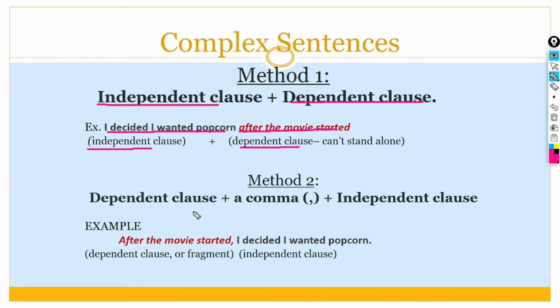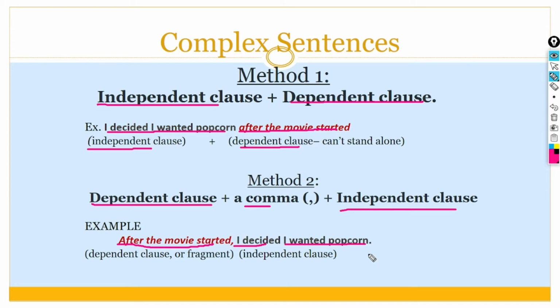The second method is that first we take the dependent clause, then a comma, and then the independent clause. Its example is: after the movie started, I decided I wanted popcorn. So in this sentence, first we take the dependent clause and use a comma, and then I decided I wanted popcorn is the independent clause.